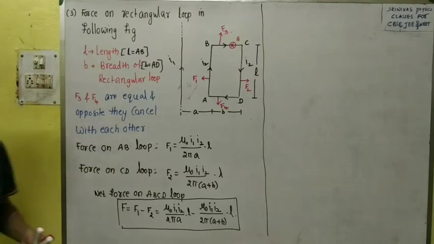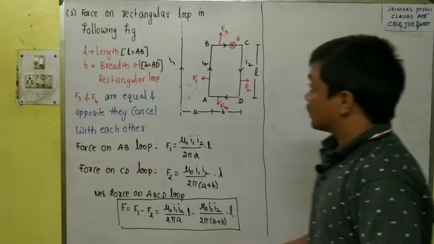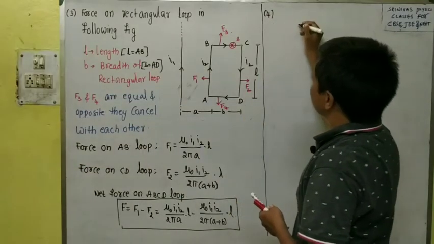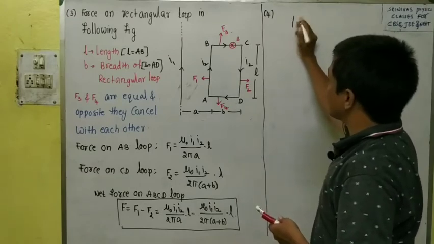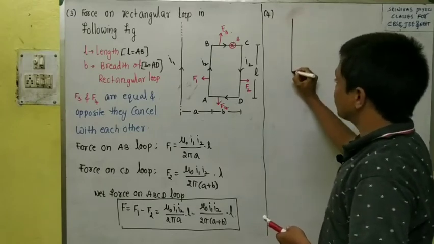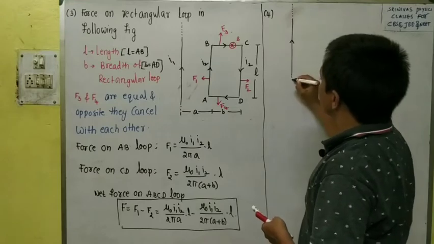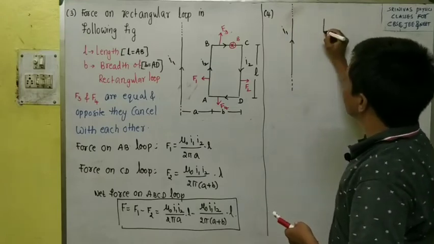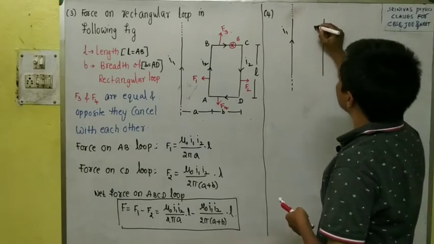Let us go for one more application, where there are 3 parallel conductors. Some applications I am telling. This is the first conductor. It carries some current I1. This is the second conductor. It carries I2 current.